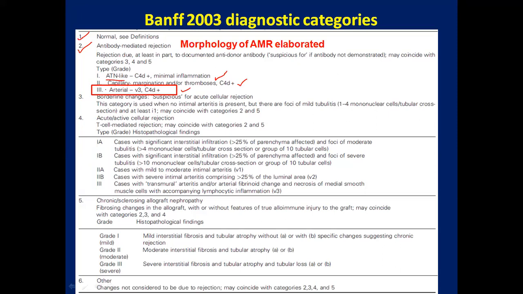Then the borderline changes, which were suspicious, category was maintained. Acute or active T-cell mediated rejection, which I have discussed in the 1997 BAMF categories, 1A, 1B, 2A, 2B, and 3. And the terminology of chronic allograft nephropathy was still persisting in the BAMF 2003 classification system.